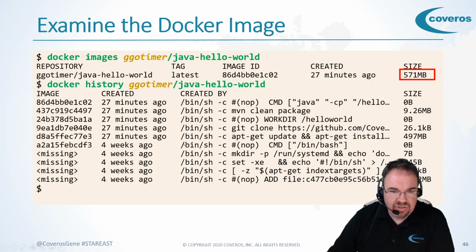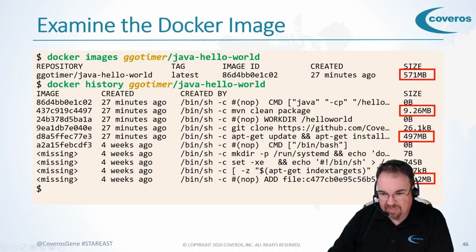And if I look at the history to see where all that came from, we can see there's a couple of big different layers in here. The first one, our 4 bottom ones or 5 bottom ones really, we know and love those. That's Ubuntu, 63.2 in this case for the Ubuntu latest. Then on top of that, we ran that apt-get that ended up throwing almost a half a gig of information on there.